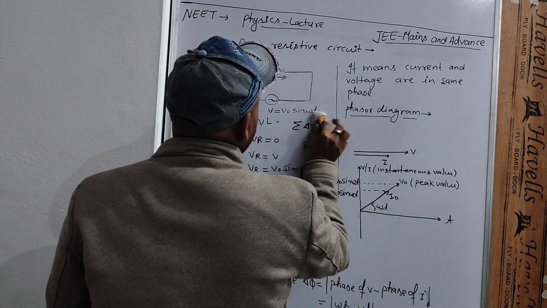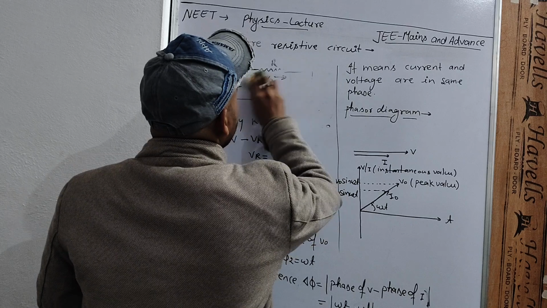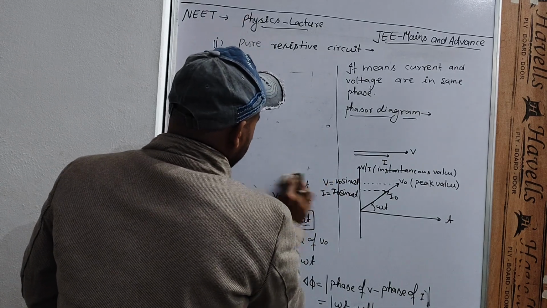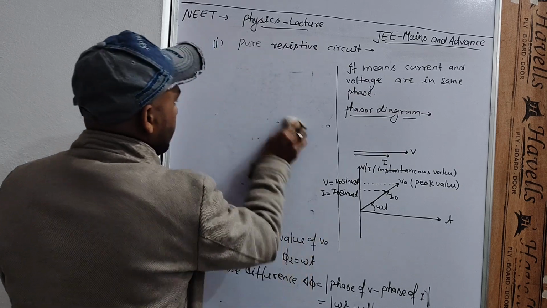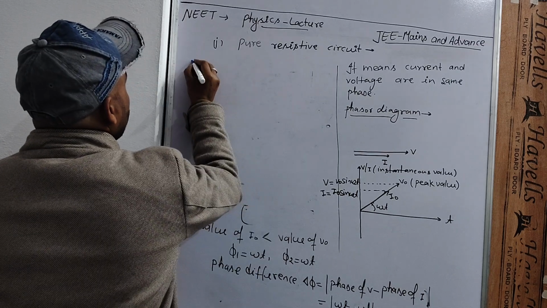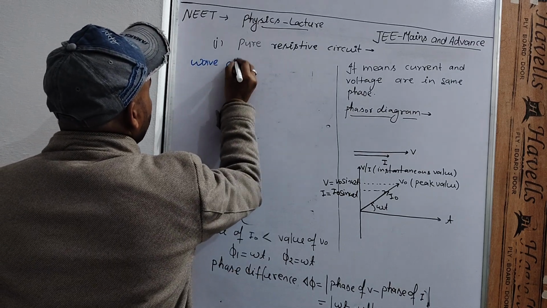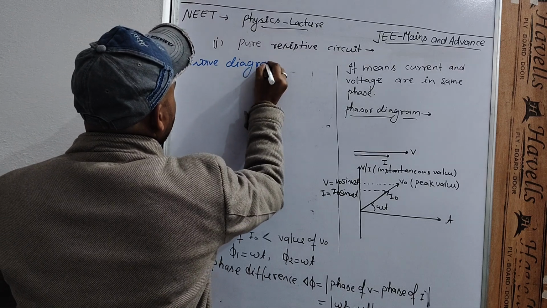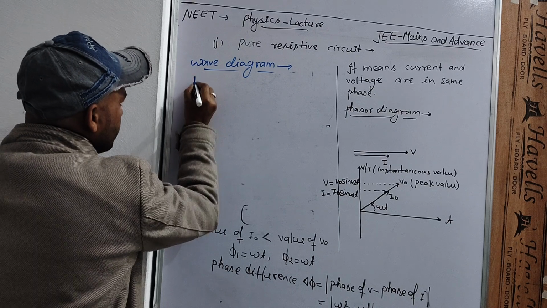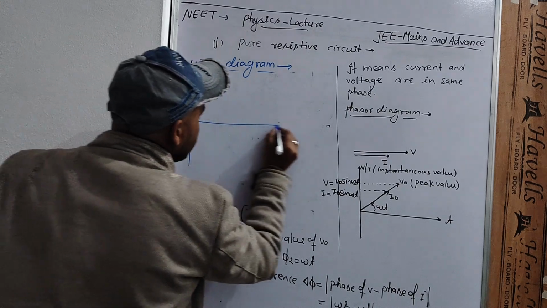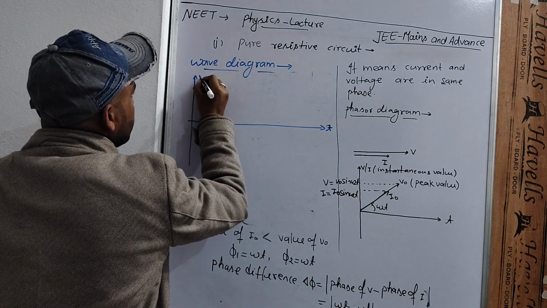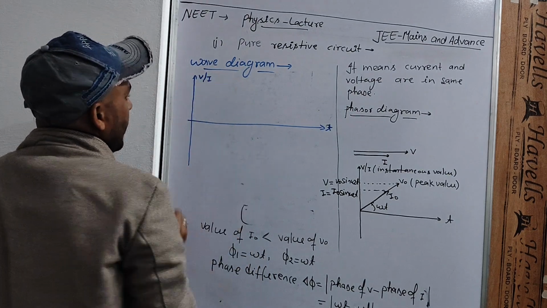Now analyze this by using wave diagram. This is the time axis, and here we show instantaneous voltage or current.